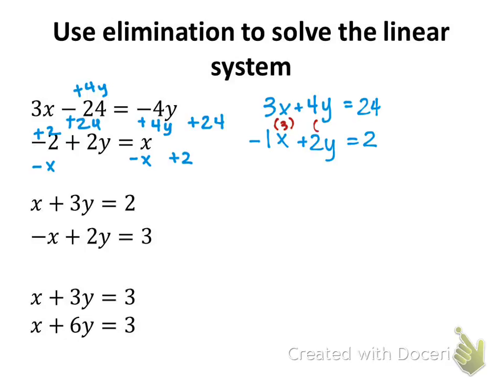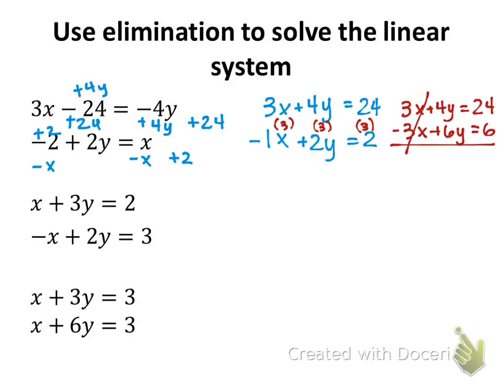Just 3. But when I multiply one thing in the equation by 3, I have to multiply everything in the equation by 3. So I'm going to rewrite both of these. I'm going to rewrite the top equation. I'm not changing anything, I'm just moving it over. And then in the next one, I have negative 3x plus 6y is equal to 6.